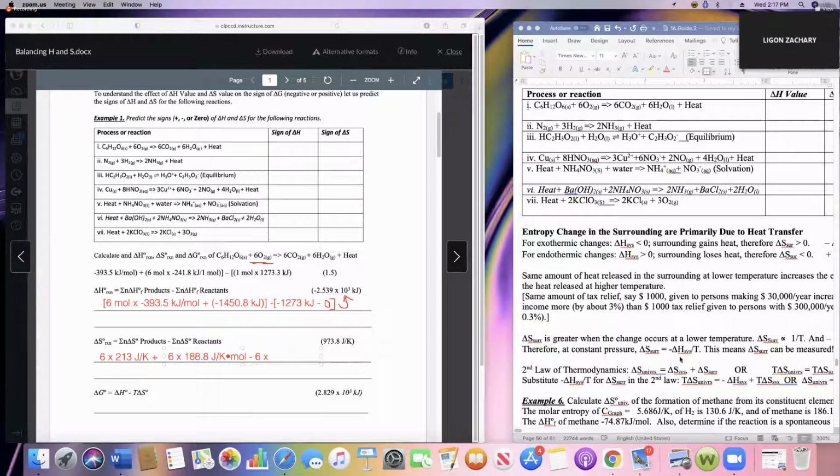It says 205. And what are the units? Joules per Kelvin times mole. Kelvin times mole. And we're going to forget the mole because we wrote mole over here, 6 mole. Okay. And minus 1 mole of glucose.